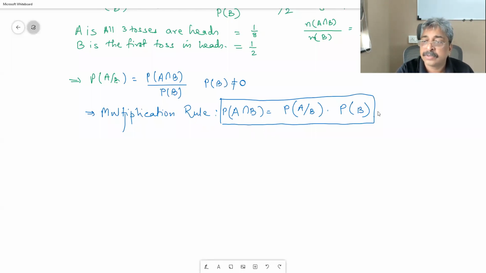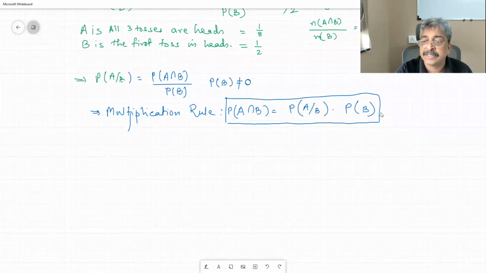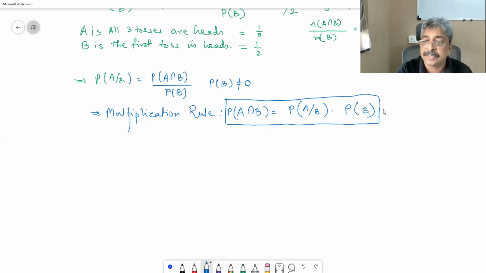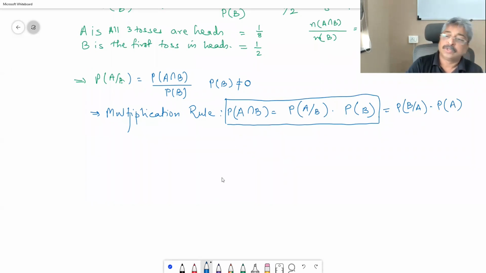This again can be written, using symmetry, as probability of B given A into probability of A. It is probability A intersection B. If you do it by saying B, what is the probability of B given that A has happened, then it is probability of B given A into probability of A. Again, it will be probability of A intersection B.